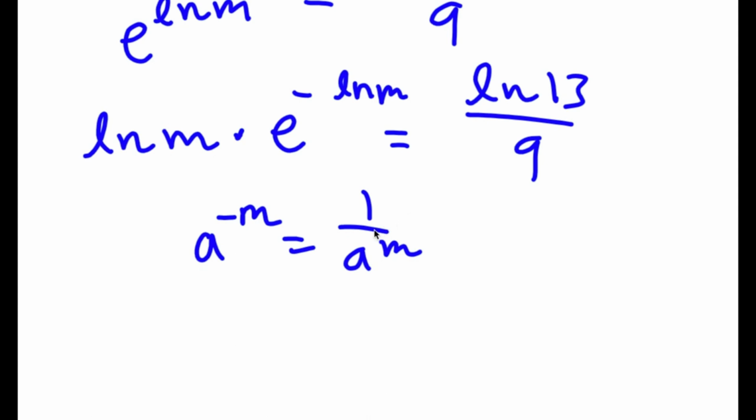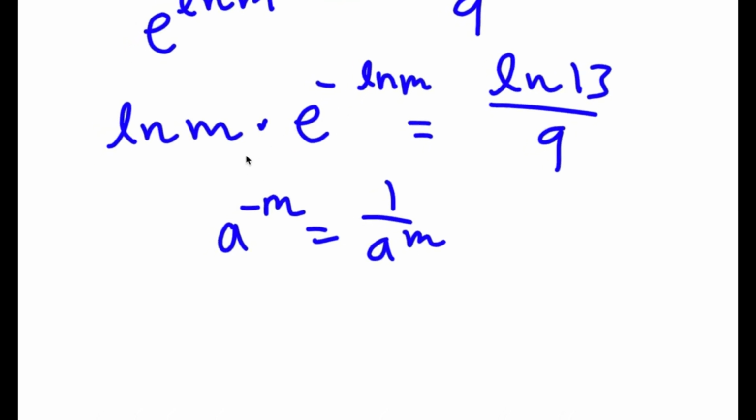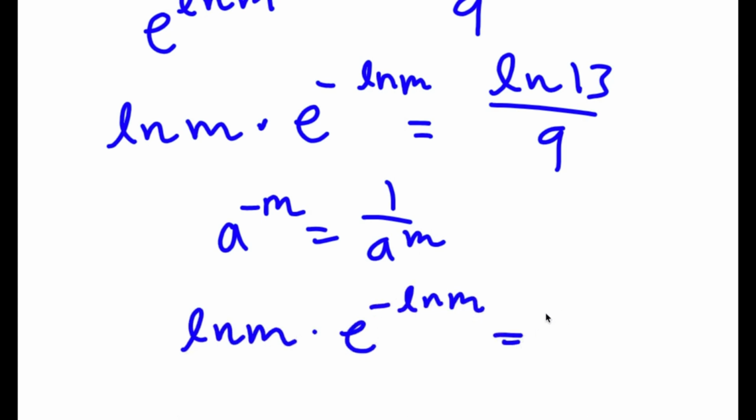So now I have ln m times e to the power of negative ln m, this is equal to ln 13 over 9.